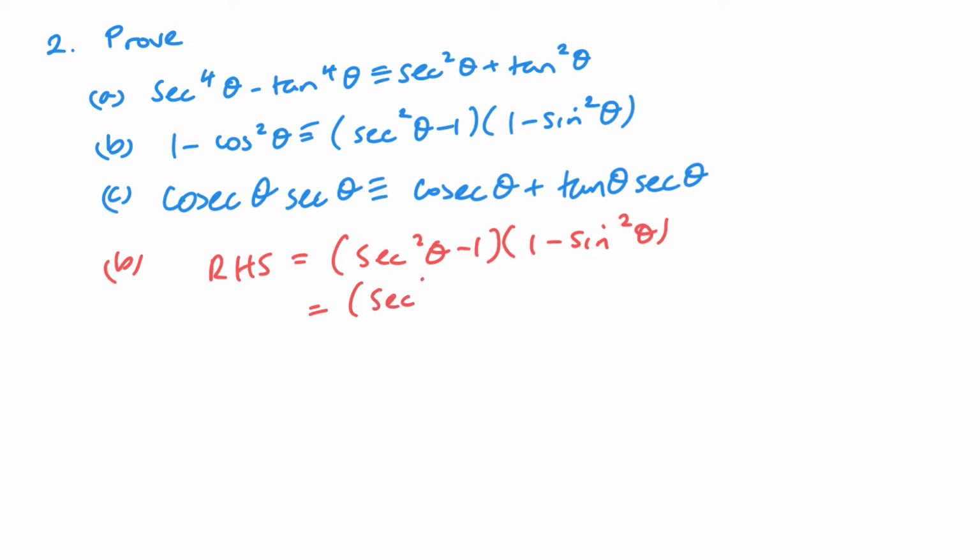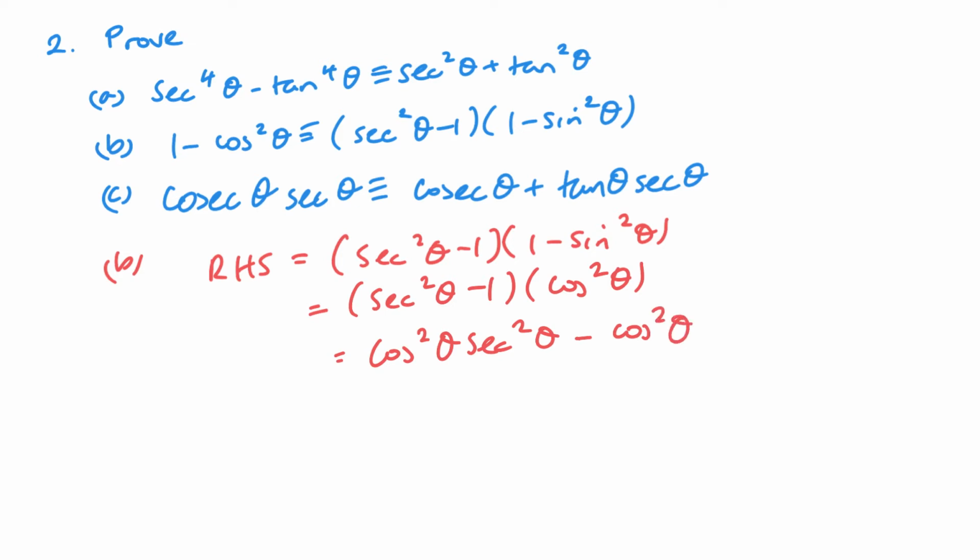So we get sec squared theta minus 1 multiplied by cos squared theta. So cos squared theta sec squared theta minus cos squared theta. Now you'll notice that the cos squared and the sec squared will cancel out, but I will do the extra step for you there.